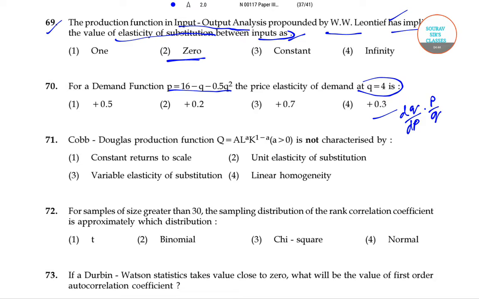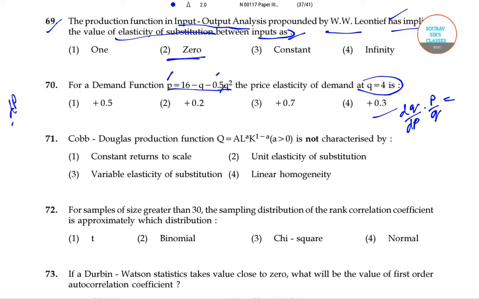So from here you can simply find out. If you differentiate P with respect to Q, you will get dP by dQ, whose value will be equal to minus 1.